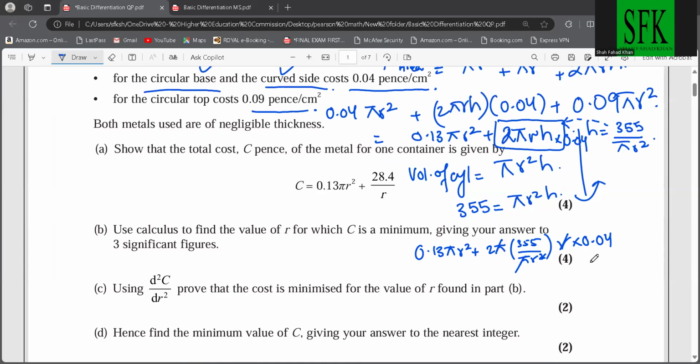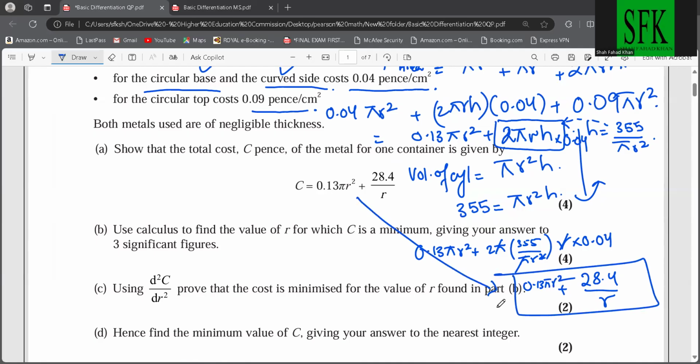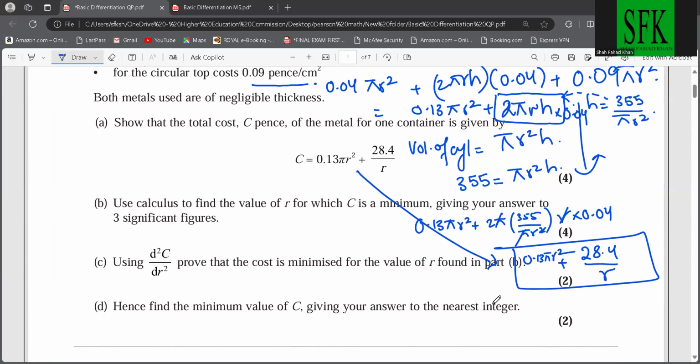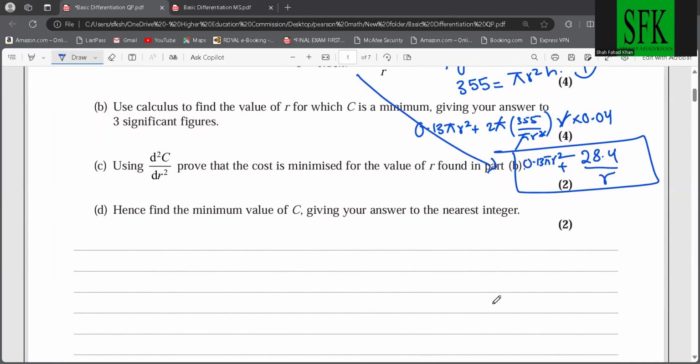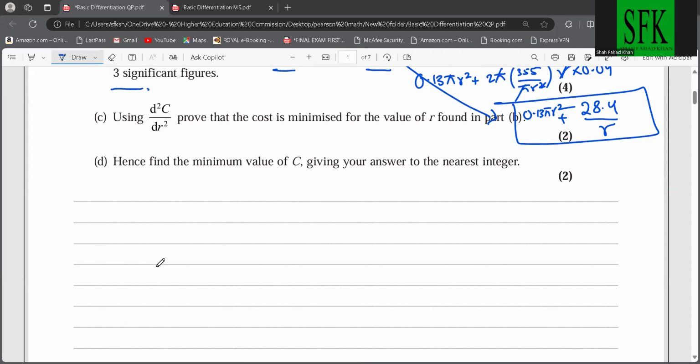This turns out to be 28.4 over r, plus 0.13 pi r squared. Hence proved, we found this equation. Once we reach here, part B says use calculus to find the value of r when C is minimal, giving your answer to three significant figures.